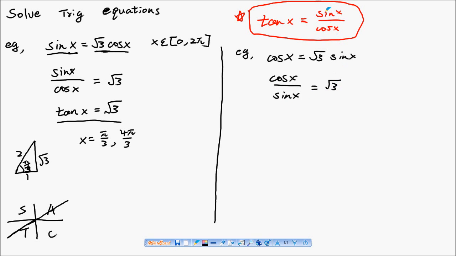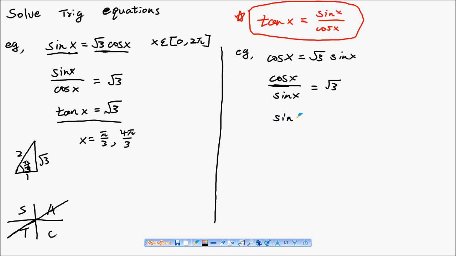Now sine x divided by cosine x is tangent x, and what I have here is cosine x divided by sine x, so I flip them around.